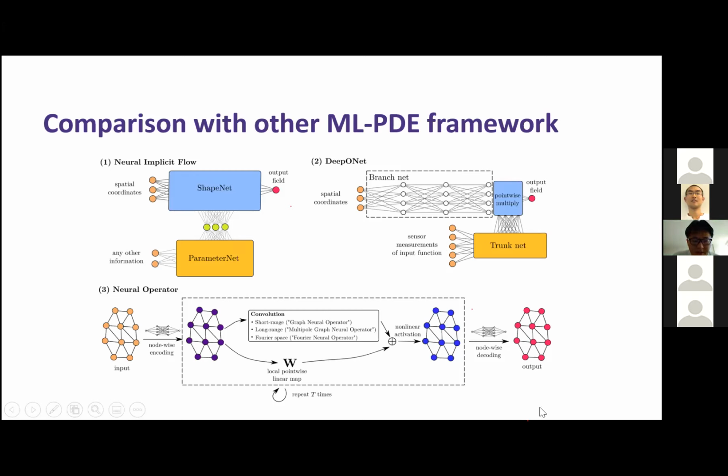Another one is neural operators, which is pretty different from the above two algorithms. What it does is mostly work on a graph, and on this graph, they use message passing to emulate the convolution operations of the analytical solutions of the PDE.